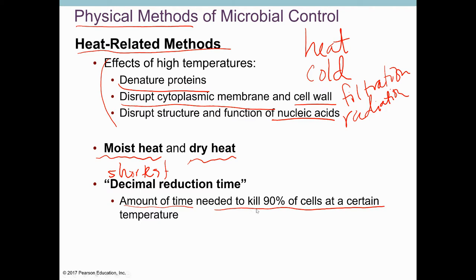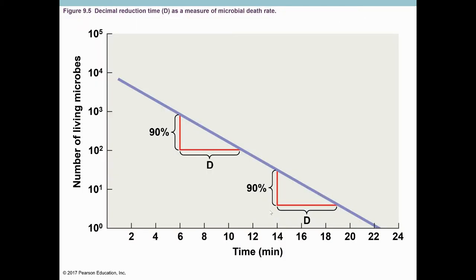So when you're figuring out how to do a heat-related method, you try to determine what's the shortest amount of time, and at what temperature, can you get 90% of cells to be killed. So decimal reduction time is a measure of the speed of microbial death.